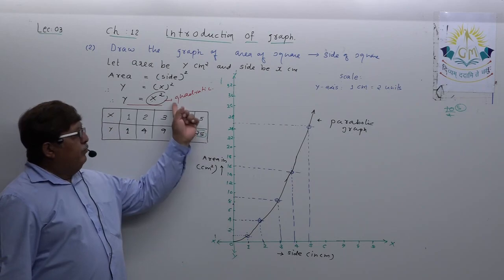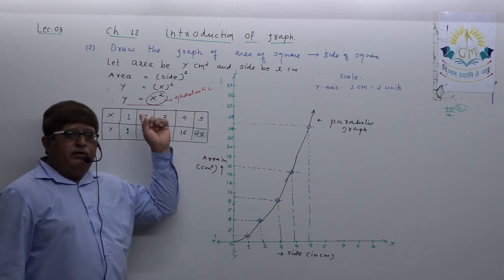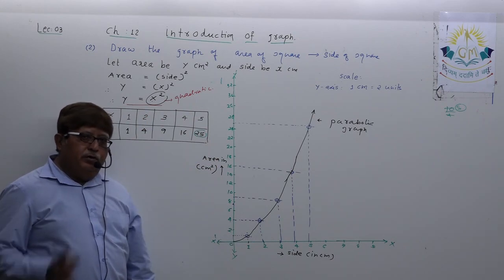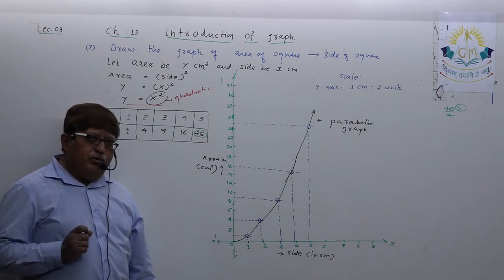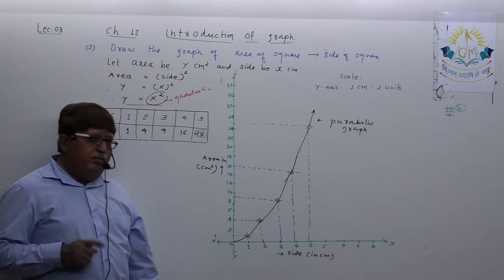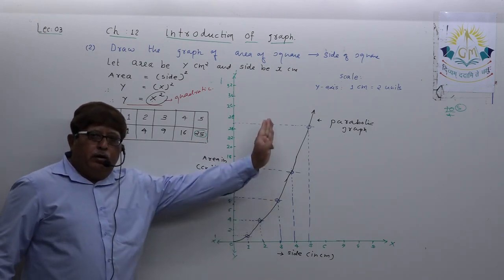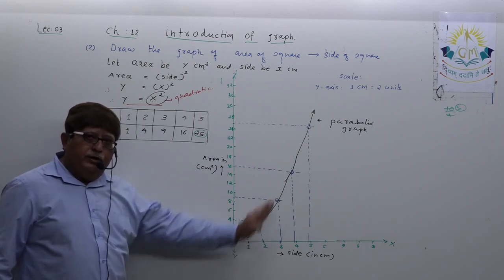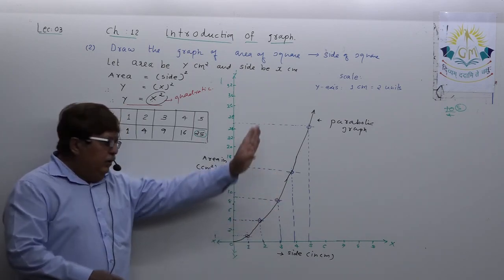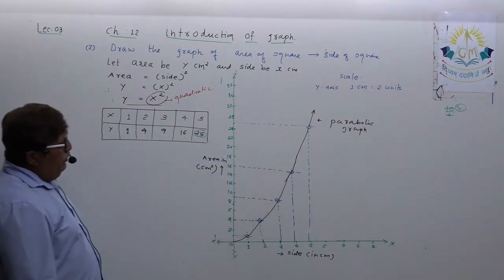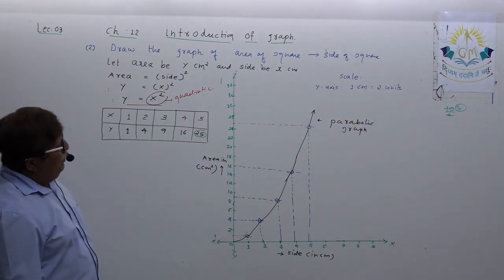And always for a quadratic, whenever you get such a power of variable, your graph is never going to be drawn by scale, but it is going to be a freehand curved drawing. It would be a parabolic curve in this way. You understood this? So this is the graph of area of square.